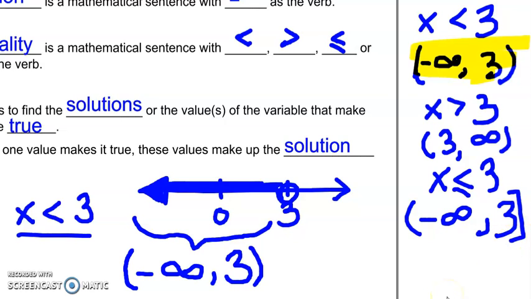That just indicates that it's not just the numbers less than 3, but it's also 3 itself. And if we were graphing this on a number line, instead of putting an open circle at the 3, we would fill in the circle and then have everything to the left filled in. So that indicates it's 3 plus all of the numbers that are less than 3.